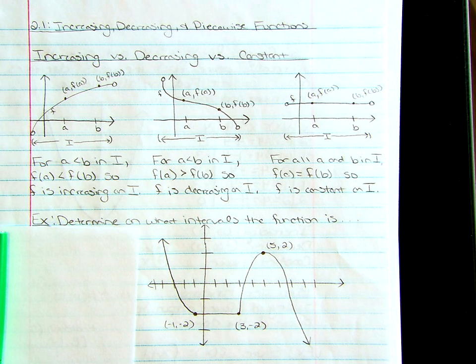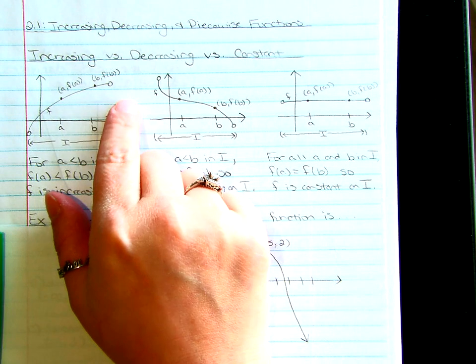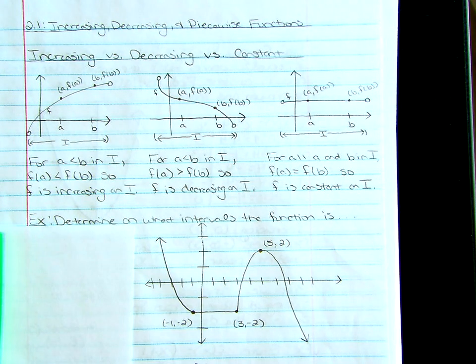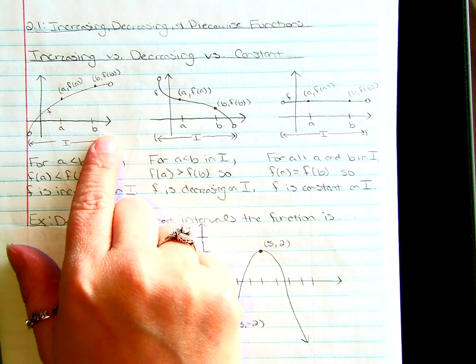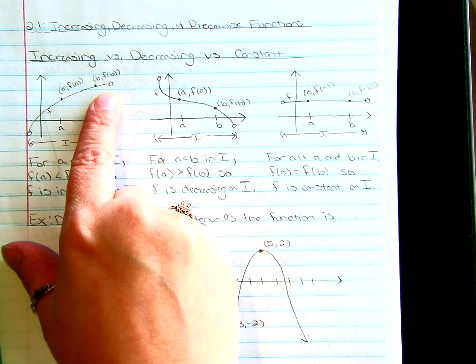If you read a graph from left to right and it's going up, then it's increasing. So don't let all the written math speak make it more complicated than what it actually is. If this x is smaller than this x, then that y had better be smaller than that y, or it's not increasing.